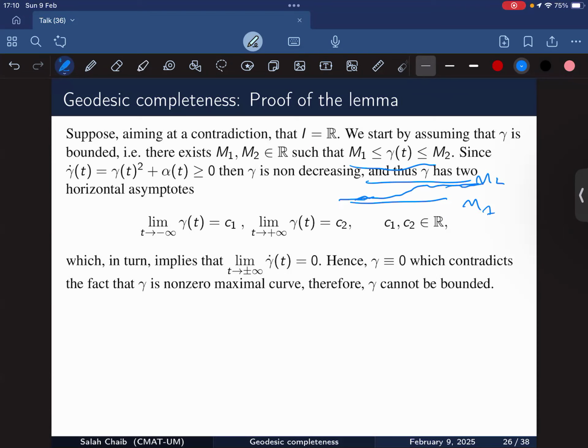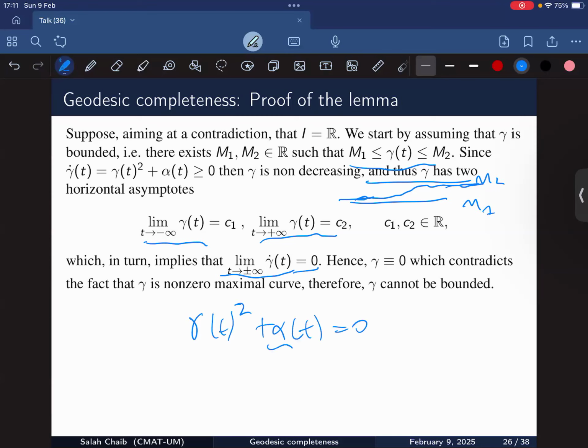Let's say that the limit at minus infinity is c1, and at plus infinity is c2. And this implies that the gamma dot at plus and minus infinity is 0. But what is gamma dot? It is gamma squared plus alpha.